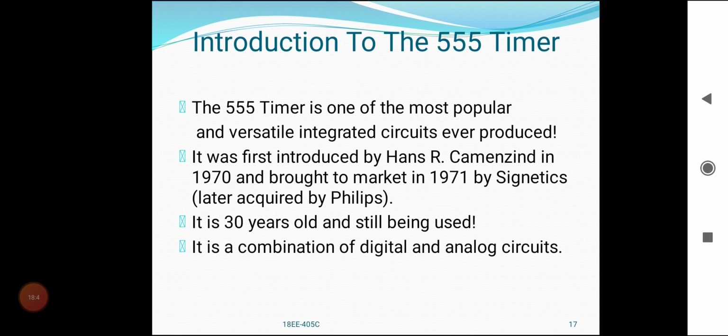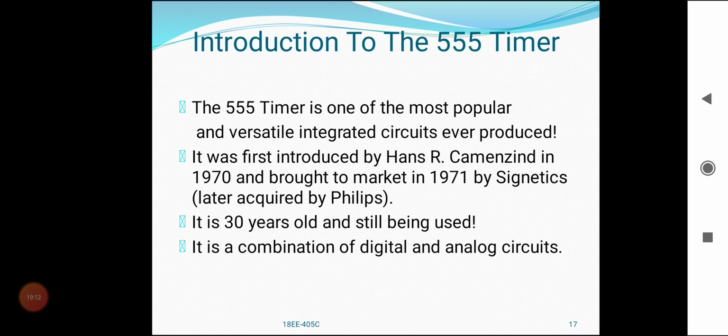Introduction to the 555 timer. The 555 timer is one of the most popular and versatile integrated circuits ever produced. It was first introduced by Hans Camenzind in 1970 and brought to market in 1971 by Signetics, later acquired by Philips.